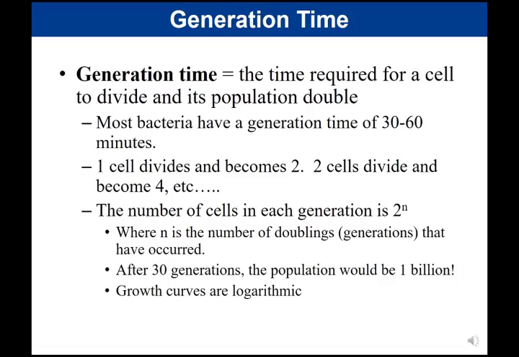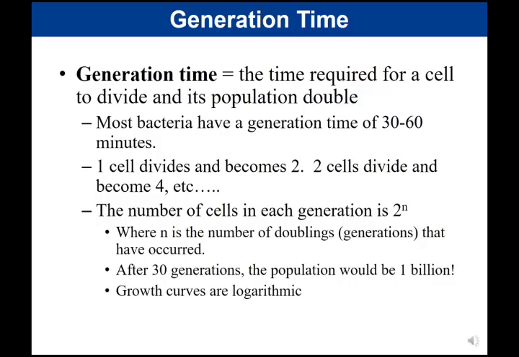So when we talk about bacterial growth, we talk about bacteria's generation time. And that is the time required for a cell to divide and for its population to double. So basically, how long does it take the cell to divide, meaning to go from one cell to two? Most bacteria have a generation time of about 30 to 60 minutes.